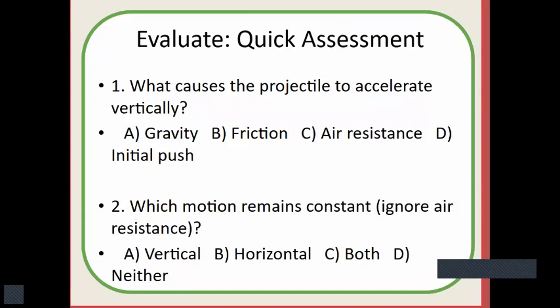Okay, let's see the answers. Oh, brilliant. First one is gravity. That's correct. Gravity, that's A. Good. Second one, everybody says B, horizontal. Good. Now, let me ask you this question.